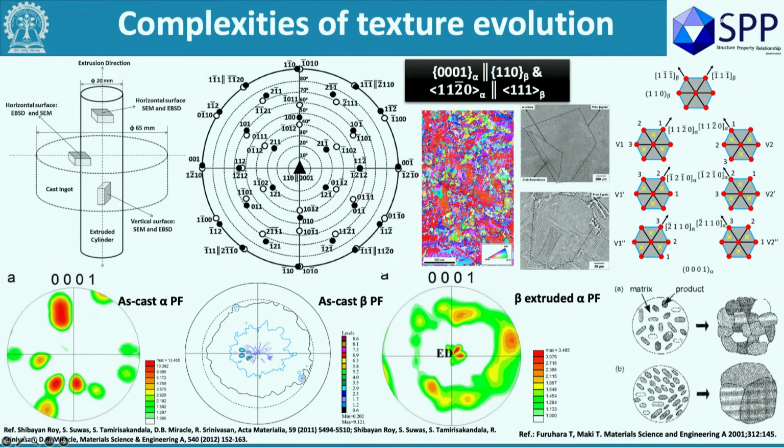So one single beta will give you 12 alpha possibilities, different variations, right? And if you start with alpha, it will give you 6 different beta possibilities, right? So if you go from here to here, you end up getting 72 possibilities. Just a simple thermal cycling gives you 72 possibilities.